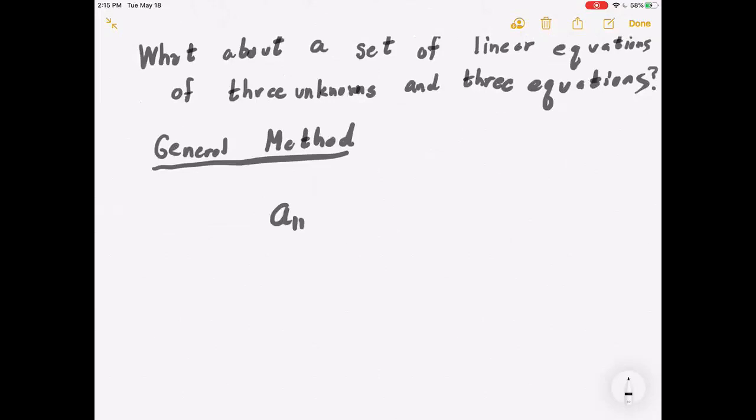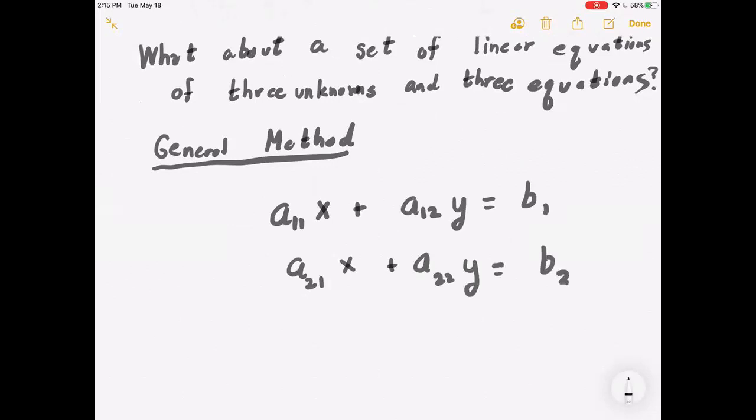And we will do that by writing our 2 equations in a slightly bizarre form, the reason for which will become clear in a minute. So this is the general form of those 2 equations that I already solved previously.